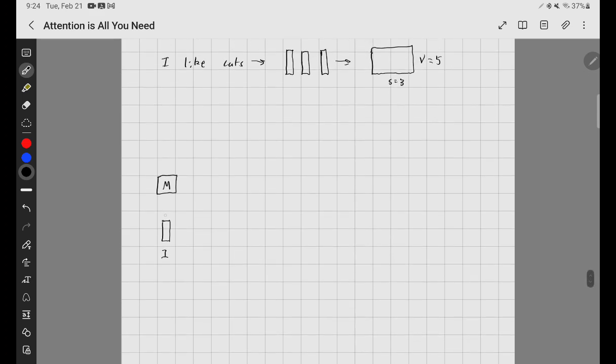So you will put this vector through, and it'll output this hidden representation. I'll represent this hidden representation as a vector. This hidden representation is just an encoded form of the memory.